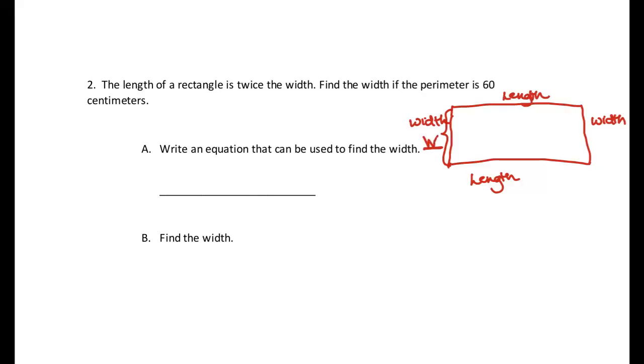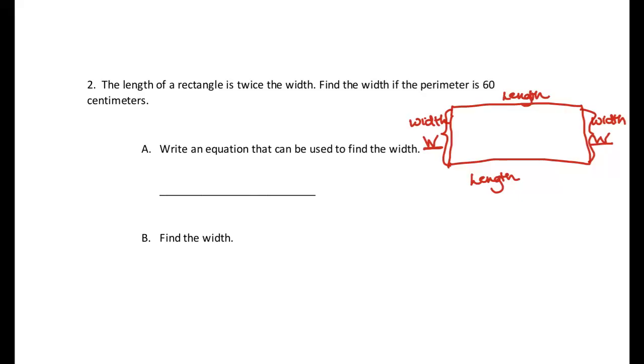So if this is W, we know the opposite side is also going to be W. That is the width. Then it says the length is twice the width. Now, twice is going with what number? When you say twice something, twice is big. How much bigger is that? 2 times, right?